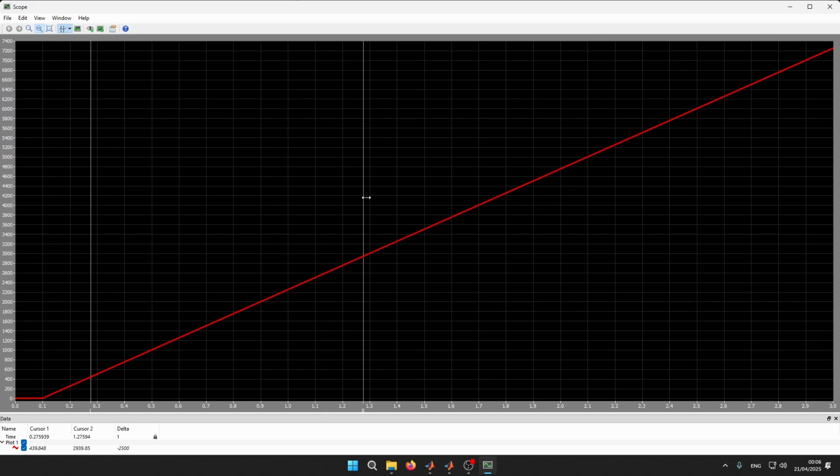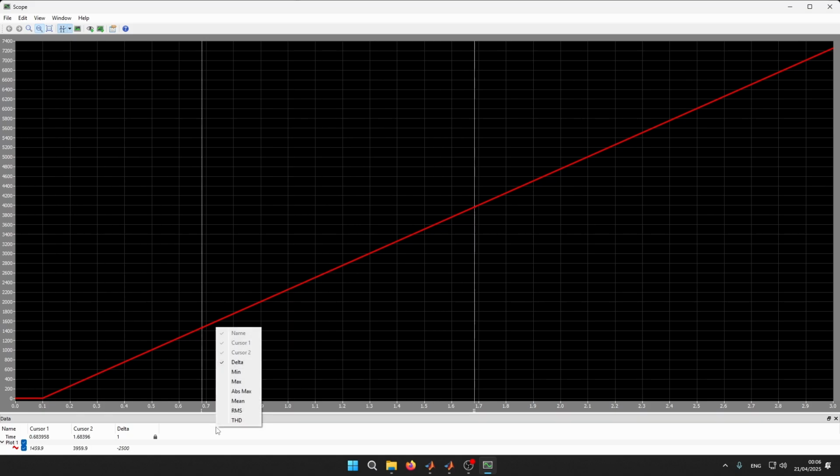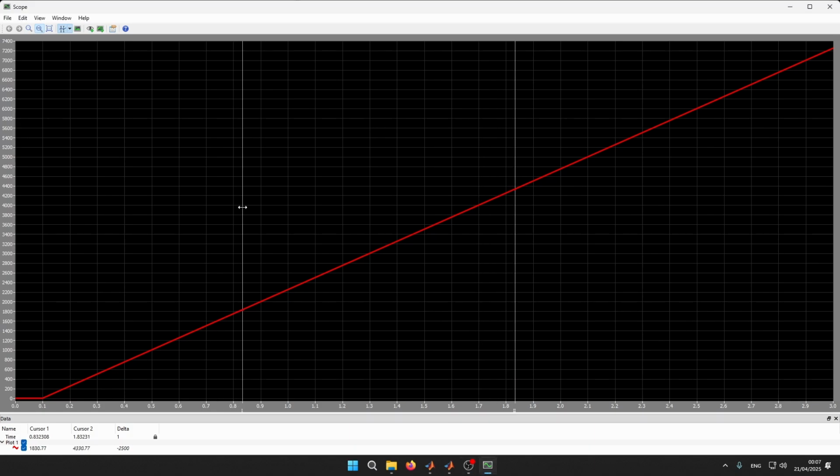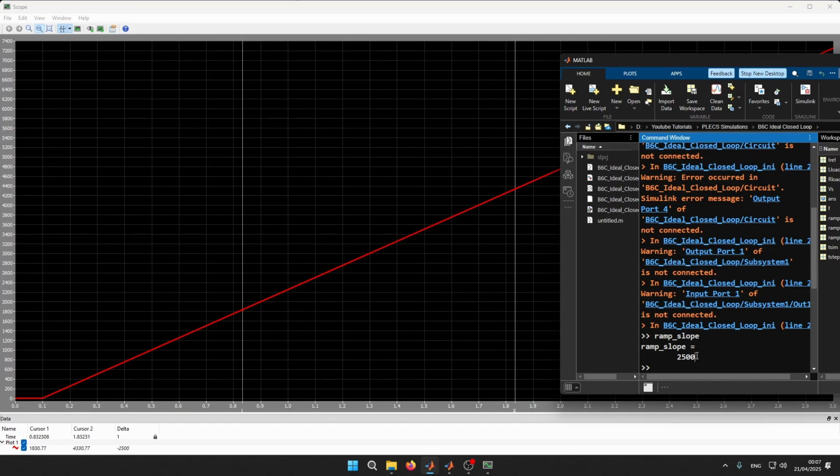So if we check delta, and we need to see the value 2500. So that means in 1 second the value of the current change is 2500. Ignore the negative sign before it, it's the order of the cursors. That means if we now check our value, that means ramp slope, as you see here, it is 2500.